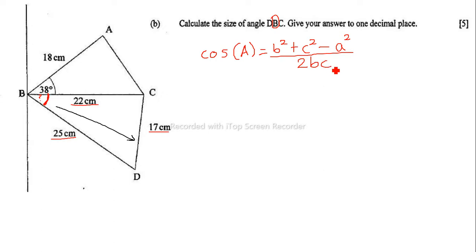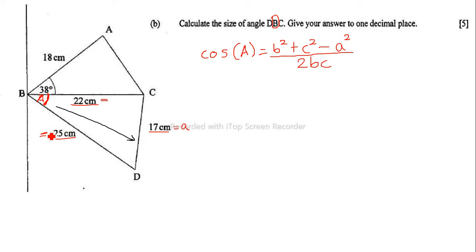My apologies. The missing angle here is called A, and that means the corresponding side, 17, is supposed to be A. The other ones don't matter, so we are at liberty to choose what we want.